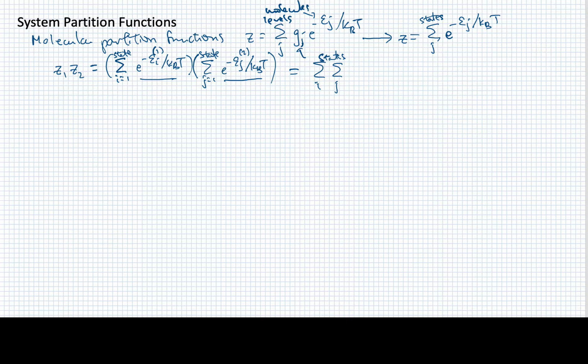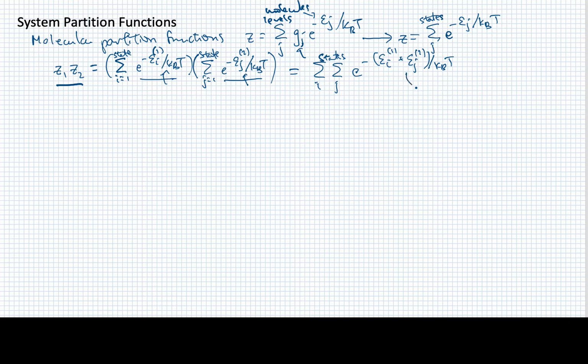So I'll have e to the minus e sub i of 1 plus e sub j of 2 over kBT. So you can see that this is perhaps a clearer way of writing the product of these two molecular partition functions.